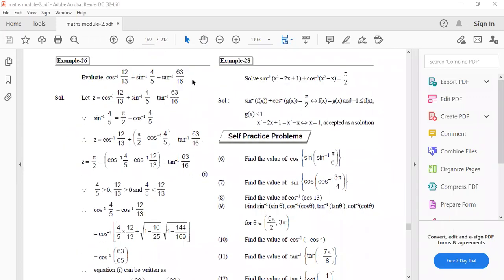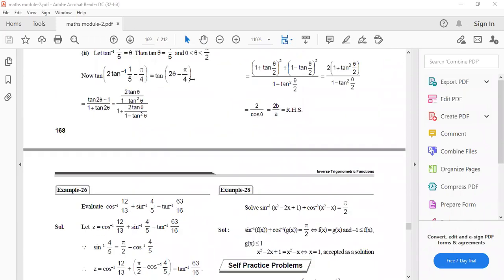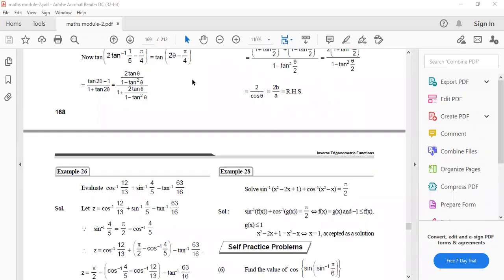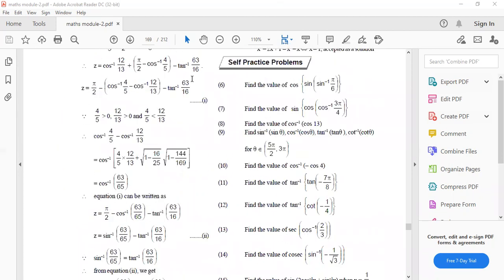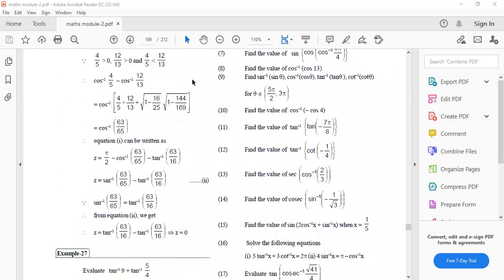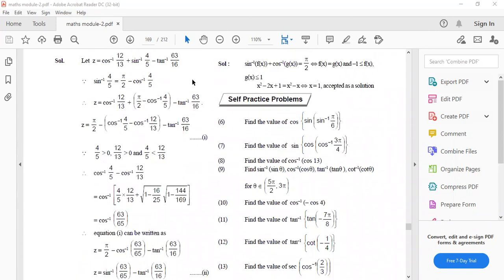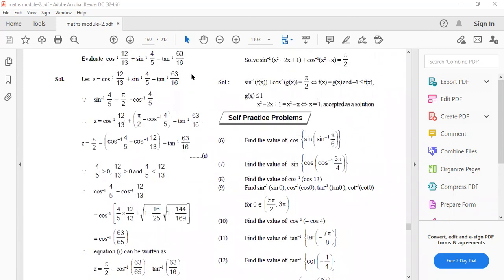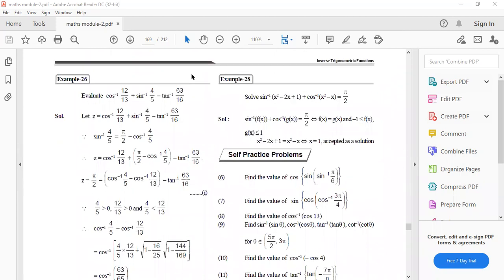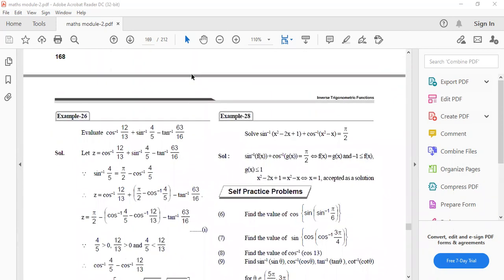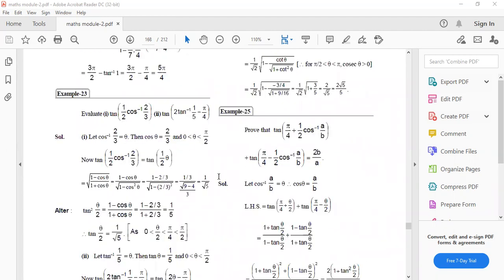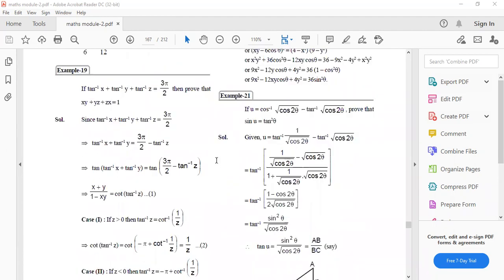But the important thing in this question will be the two new formulas which you are going to learn. The same like tan inverse x plus tan inverse y. And that is something I want you to focus on. Just a second, I'll see where the exact forms have been given. Let us check.